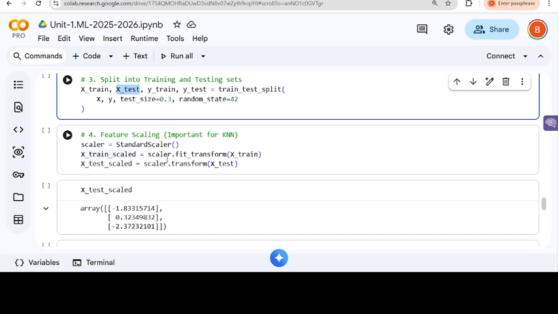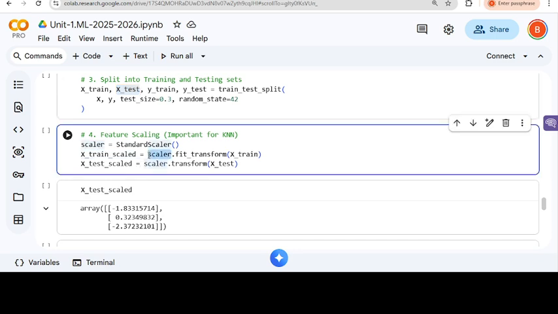Now what I am doing? This function I am applying to the X_train. How to apply? Simply you have to go for fit_transform. When you run this main instruction or code, the values in the X_train are automatically scaled using StandardScaler.